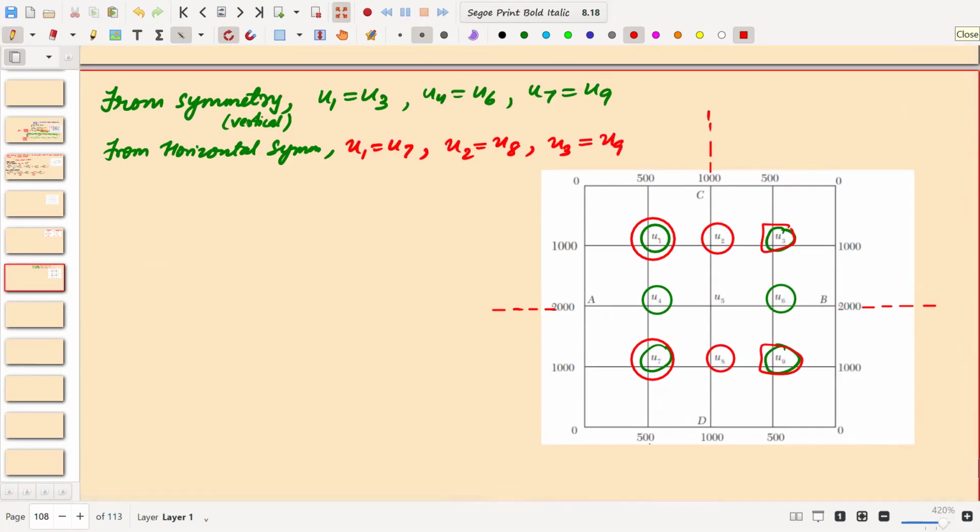Good. Finish. So now what does it tell? That if you can just determine a few values, you can determine all other values. Okay. Got the idea? So if you can just find the values of U1, U2, U4, U5, it's sufficient.